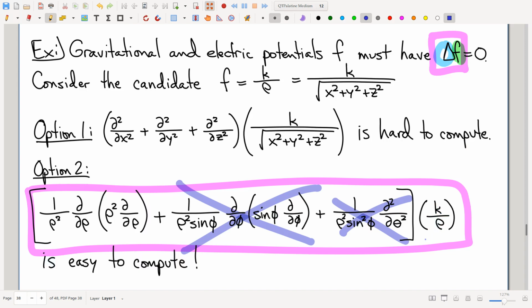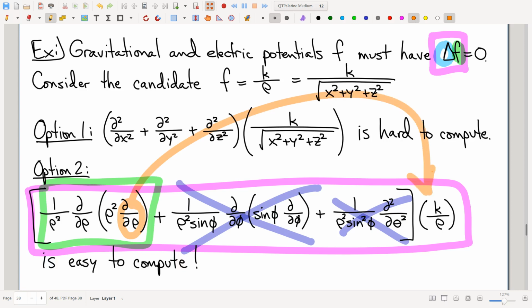Okay, the last one, we're going to have to do a little bit of work. This isn't bad, though. A little bit of work. Let's look at this term right here. All right, I'm going to have to take the rho partial. There is a rho in here. Okay, fine. I'm going to have to actually take a derivative. The derivative of a constant over rho is a different constant over rho squared.